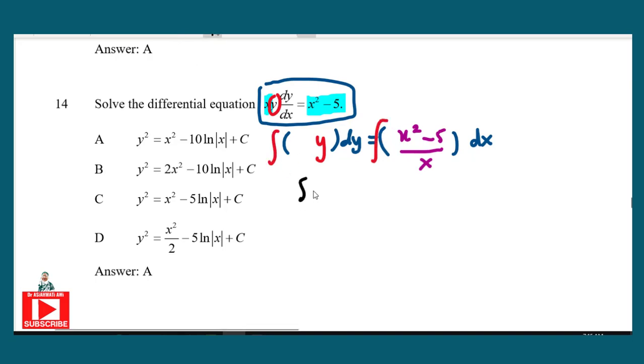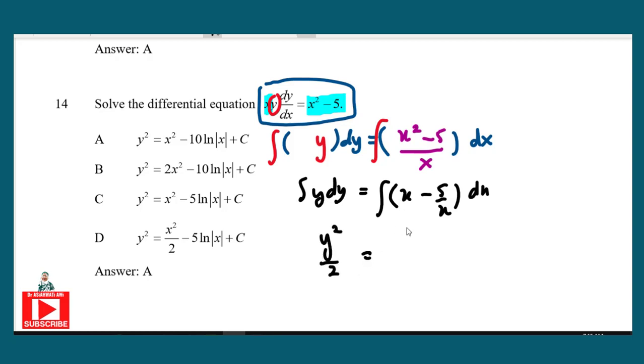Rewrite: x squared over x simplifies to x minus 5 over x in brackets. Integrating, y with respect to y gives y squared over 2, and x with respect to x gives x squared over 2, and 5 over x integrates to 5 ln x plus c.